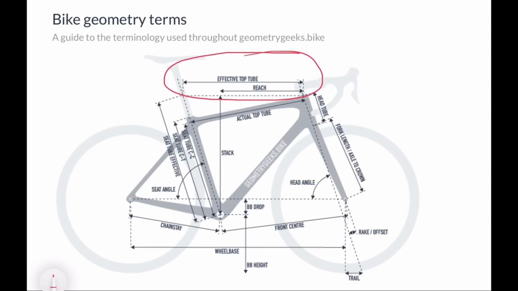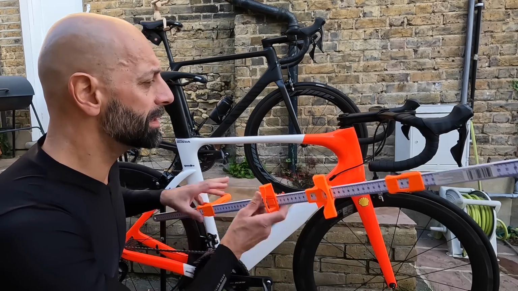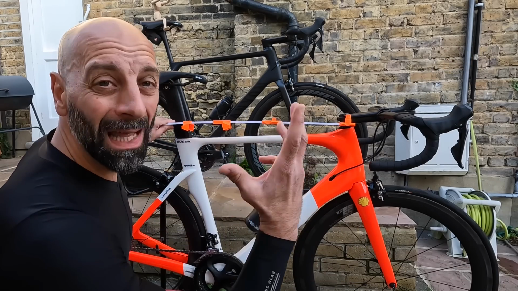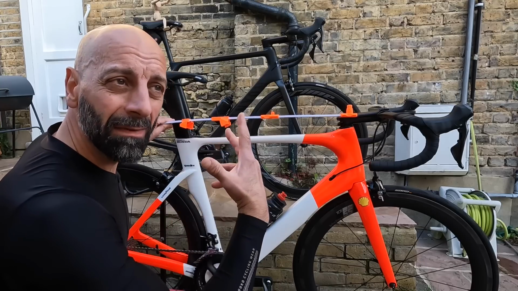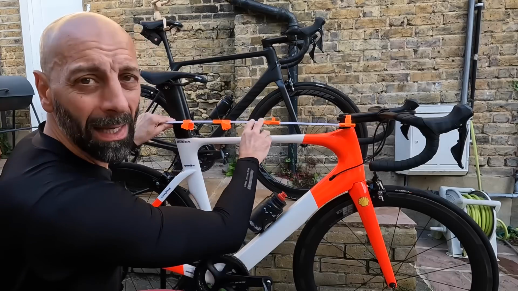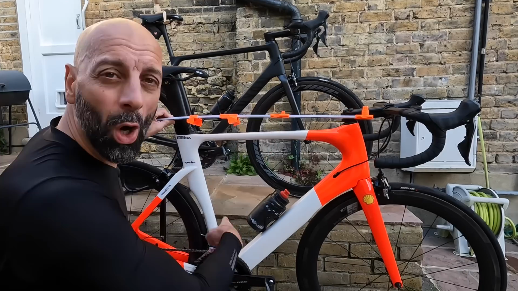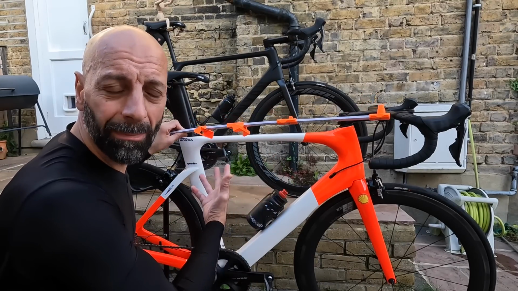So you will hear people saying, oh, this is a 56, 58, usually referring to this distance. But then when bikes started to have sloping tubes, the effective top tube takes into consideration the horizontal line, and sometimes might fall on the actual seat post rather than on the frame of the bike.